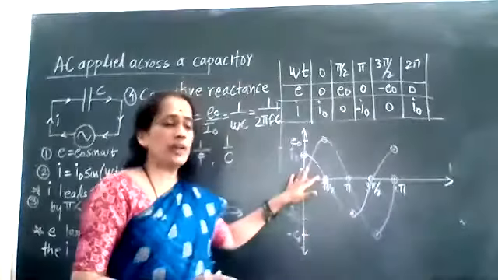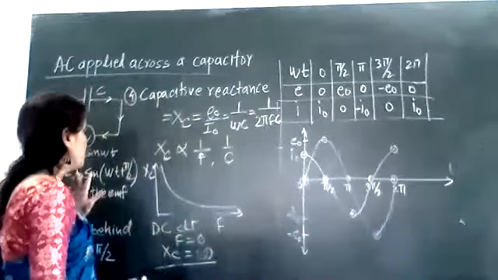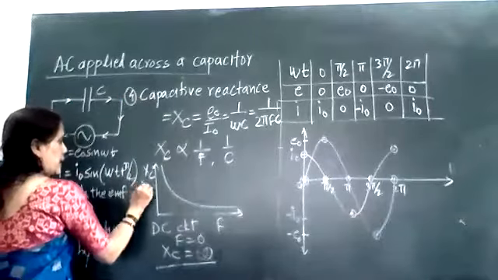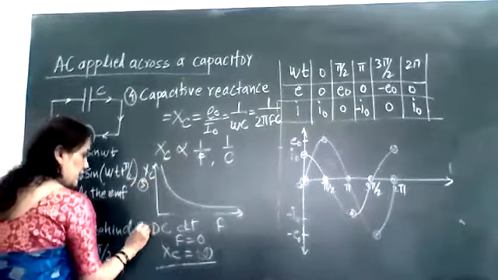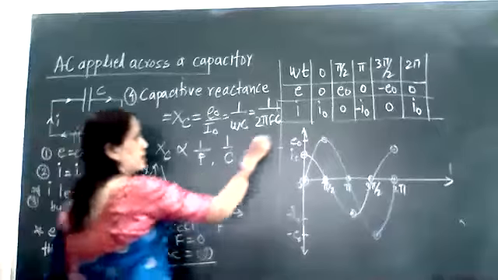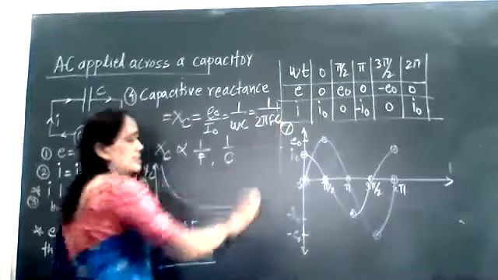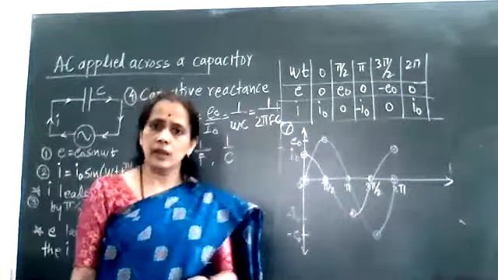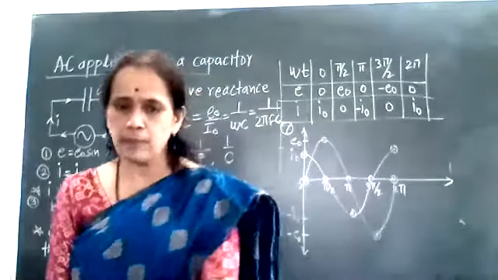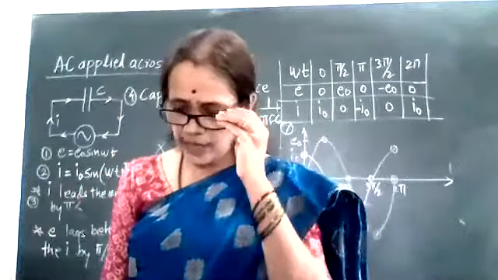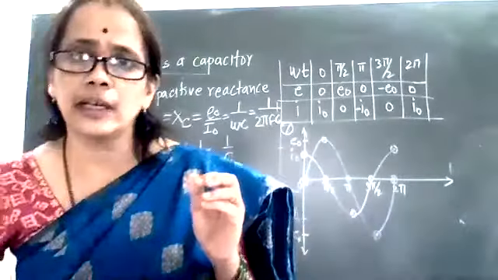So this is nothing but your graphical representation. तो यहाँ पे आपका ये ग्राफ वाला पॉइंट और DC सर्किट वाला पॉइंट, graphical presentation is clear. So this is nothing but your AC applied across a capacitive circuit.